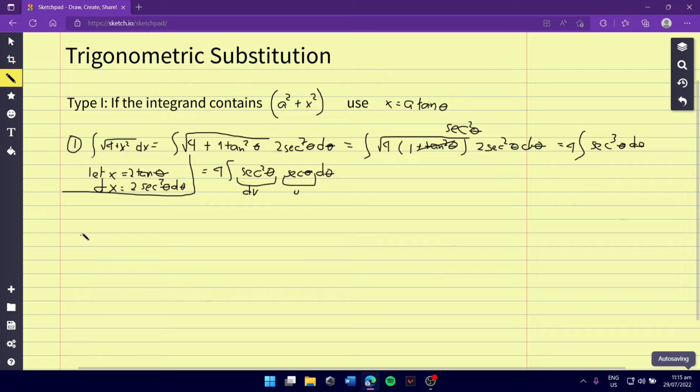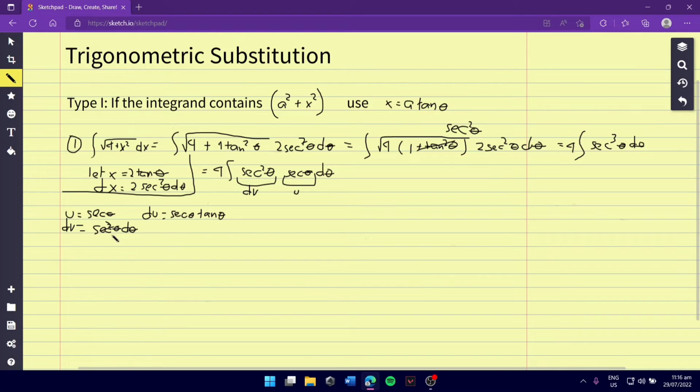Okay, so we put here u is equal to secant theta, and then our dv is equal to secant squared theta d theta. So that is the same, right? So our du here is equal to the derivative of secant, which is secant theta times tangent of theta.